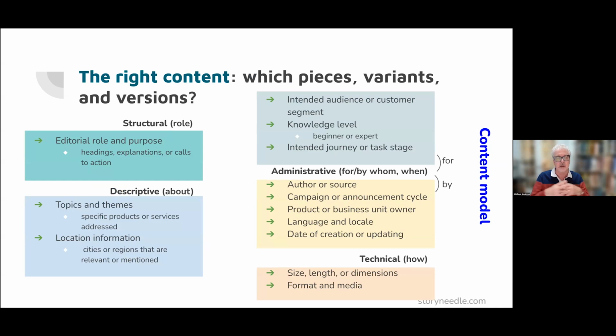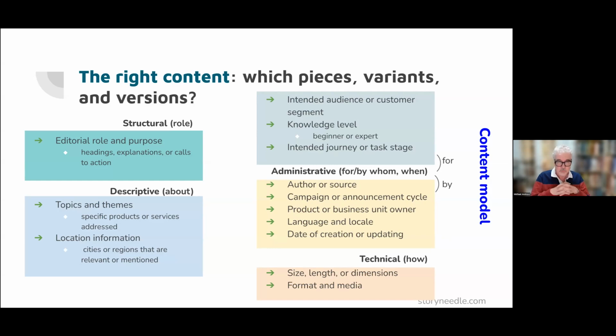These are things that we specify in our metadata. These are things that are profiled in our content model. For those of you familiar with content models, we are defining with some specificity what this content's about, and we use that specificity to determine what the right content will be.